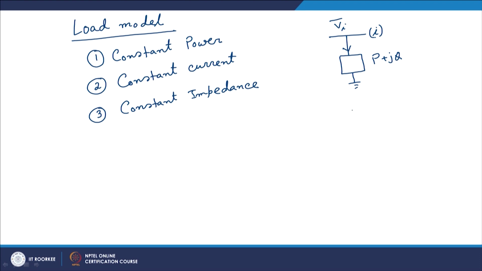In the case of constant current, it is very simple. If I have bus I and a load connected to it, we say that it is drawing some current I, and this is V I. In this case also, if the voltage increases, the load increases its impedance in such a way that the current drawn by it remains constant.